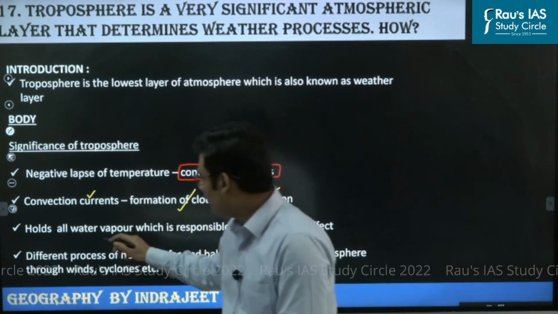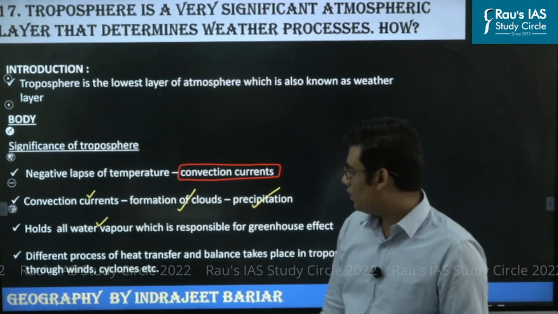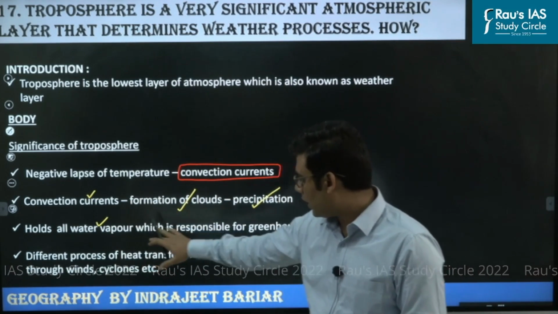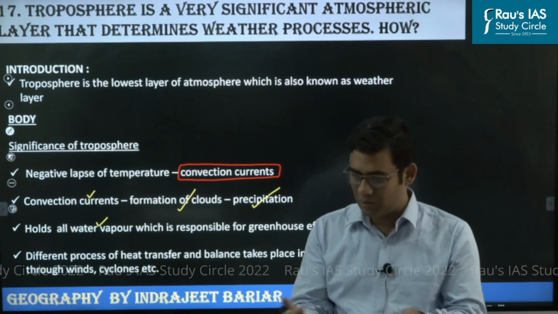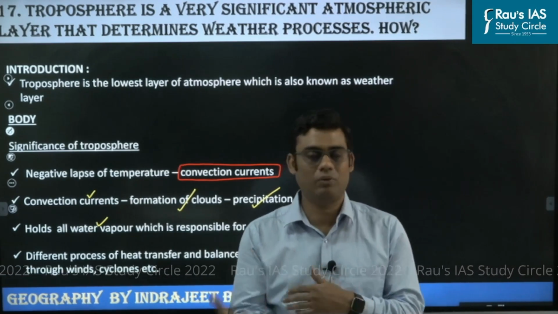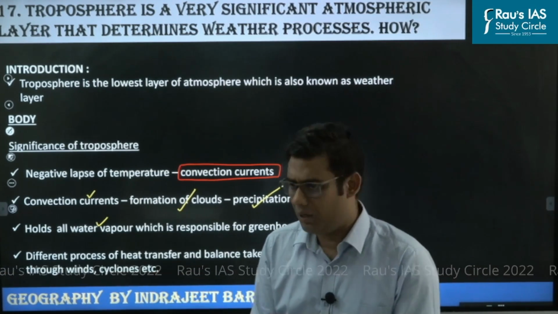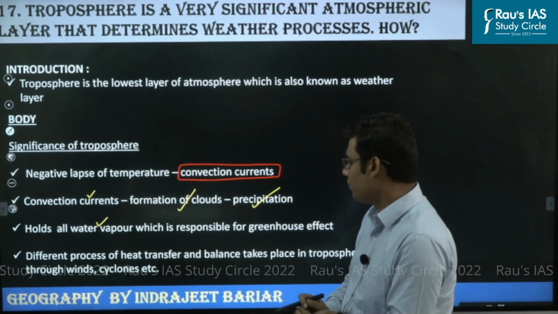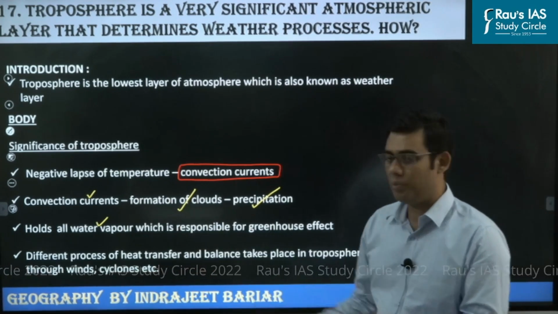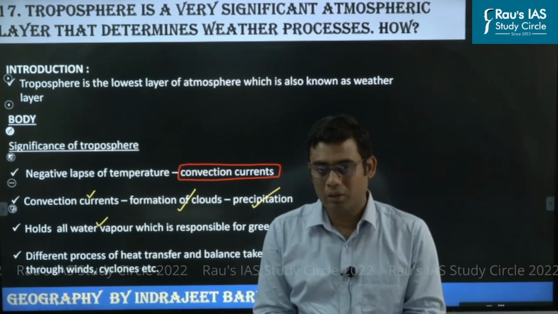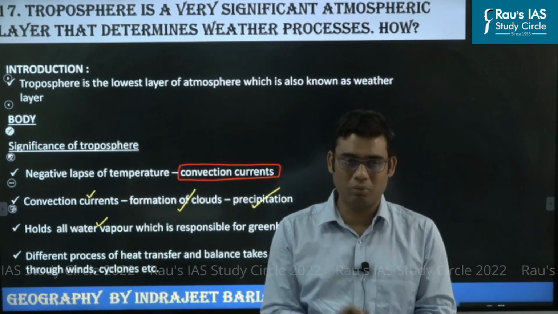With respect to water vapor in the air, the first aspect you can write in this part is the formation of cloud or precipitation and other weather processes. Along with that, water vapor is a very important greenhouse gas or greenhouse component.